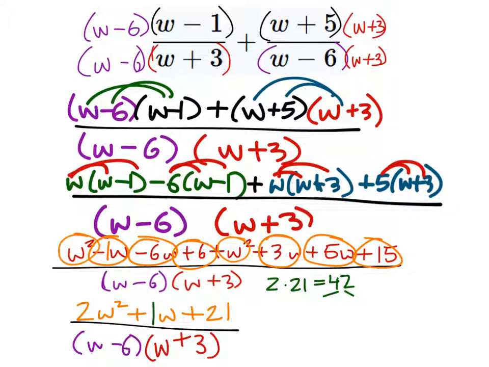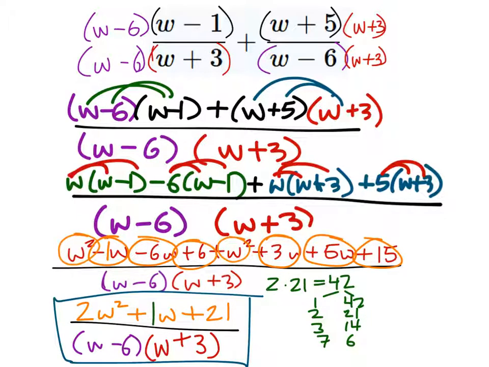So let's see, I've got 1 and 42 doesn't work. 2 and 21. So what the heck, 3 and 14, still no good. All the way to 7 and 6, I guess. None of those are good, even if we made them negatives, right? So, as it turns out, that right there, that's my answer.